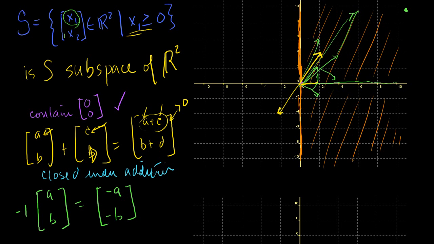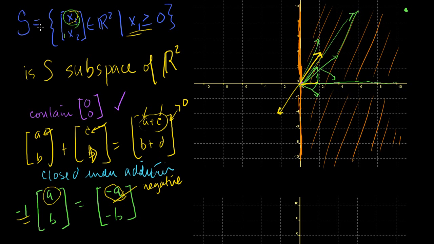Or if you just do it mathematically, clearly if this is positive, and let's say we assume this is positive and definitely not 0, then this is definitely going to be a negative number. So when we multiply by -1, for really any element of this set that doesn't have a 0 there, you're going to end up with something that falls out of it. This is not a member of this set, because to be a member of the set, your first component had to be greater than or equal to 0, and this first component is less than 0.